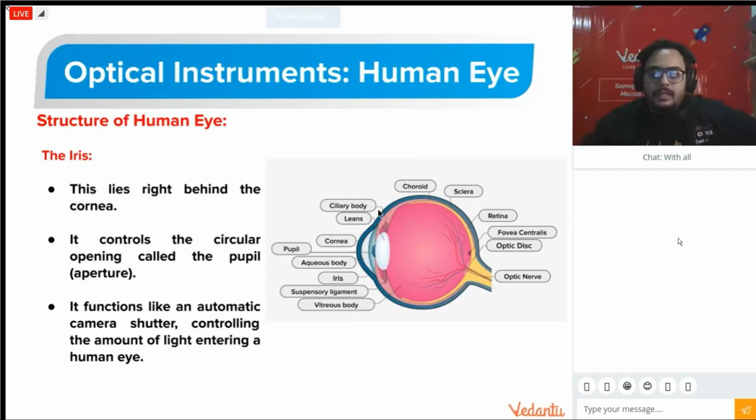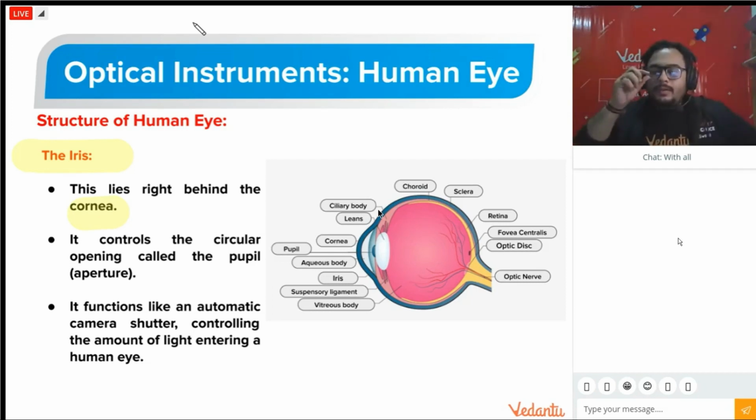Okay. So the next thing that we have to talk about is the iris. Fancy name. Look in the diagram. The iris is this bluish portion, which lies just behind the cornea. It controls the circular opening called the pupil.